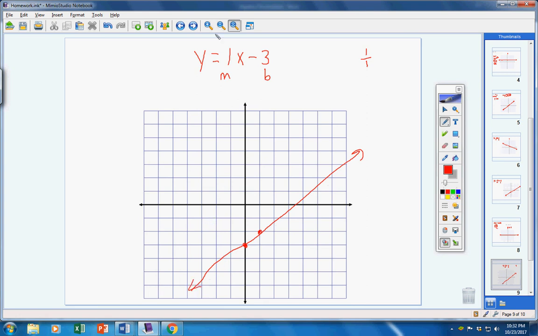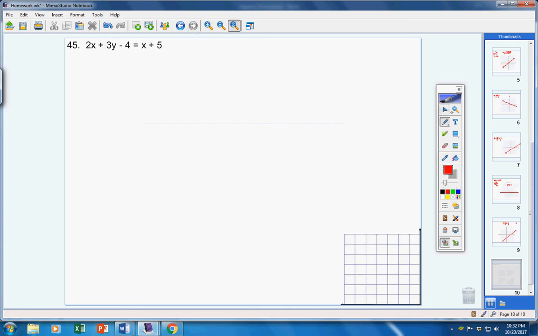Okay, lastly, number 45. Alright, let's get y by itself. So I have 3y here. Okay, bring the 2x over, make it negative. Bring the negative 1 over, make it positive. Now look, guys, I've got 2 x terms right here I can put together. So put an x, you have a positive 1 and a negative 2. That's a negative 1.